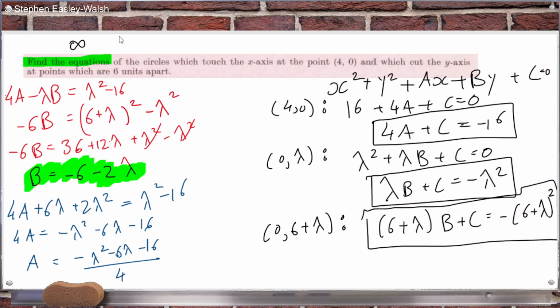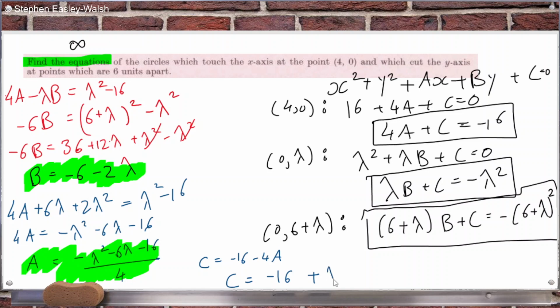So that's the a. And then the c is minus 16 minus 4a. So minus 16 minus 4a would be plus lambda squared plus 6 lambda plus 16. So the c is lambda squared plus 6 lambda.